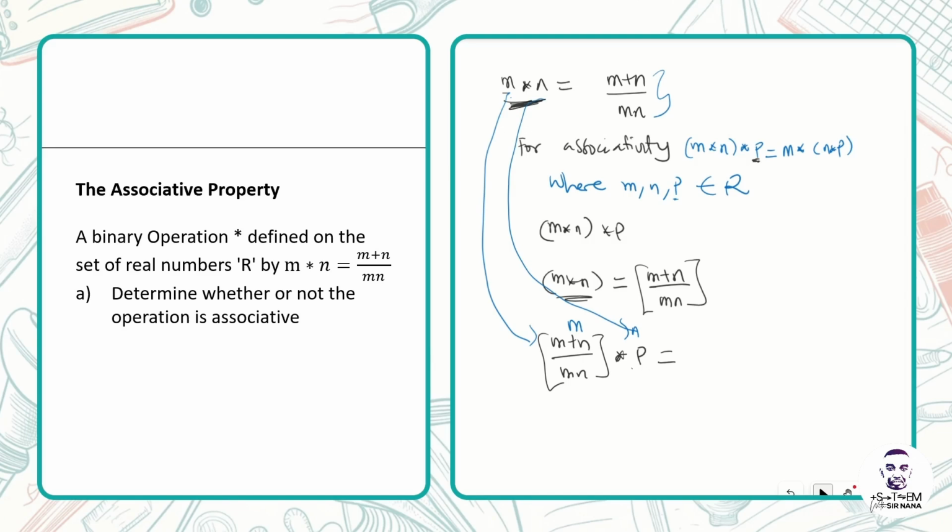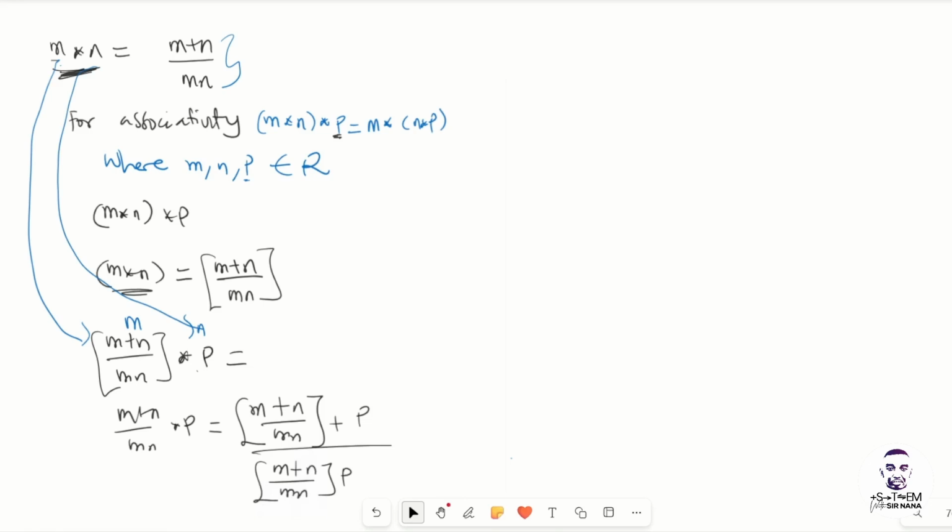So that means that we are going to have our m plus n all over mn operation p to be equal to m plus n all over mn, which is now for m, plus p all over m plus n all over mn multiplied by p. Now let's simplify this.